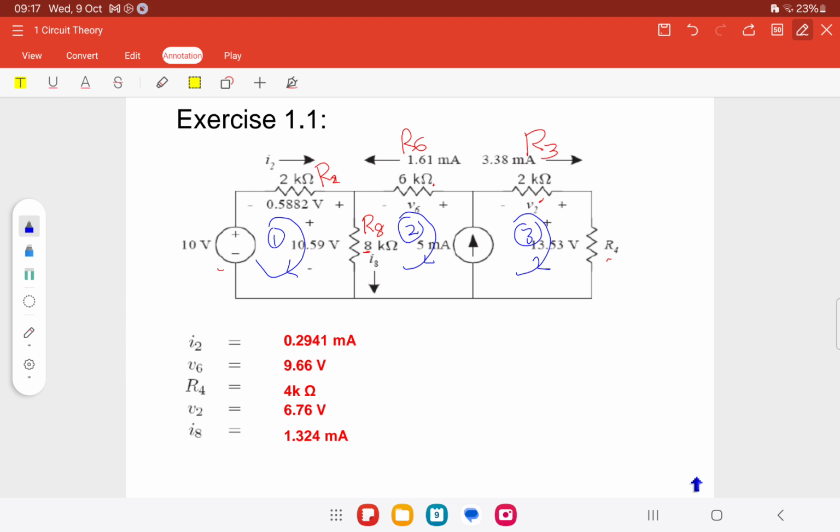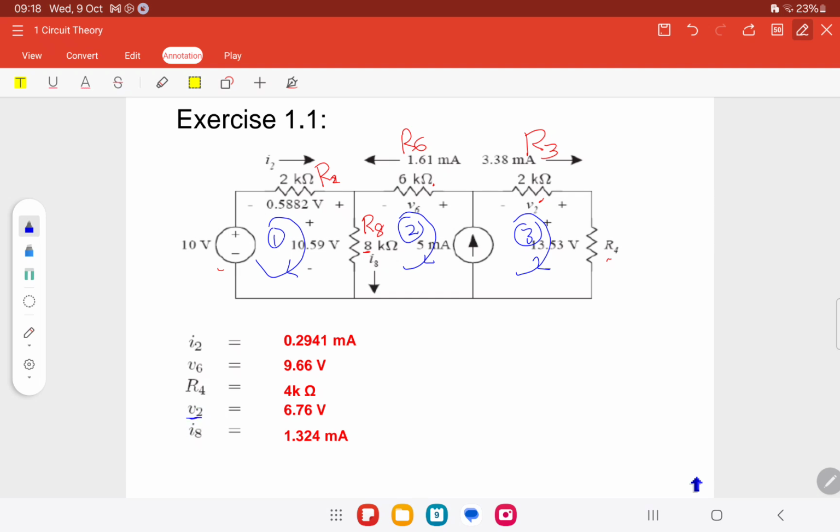Which one yang paling first kita boleh solve? Okay, kat sini dah ada V2. So for V2 dekat R3 tu dah boleh dapat belum?